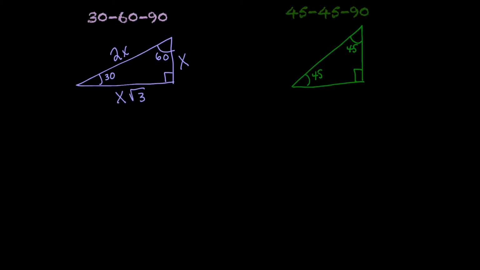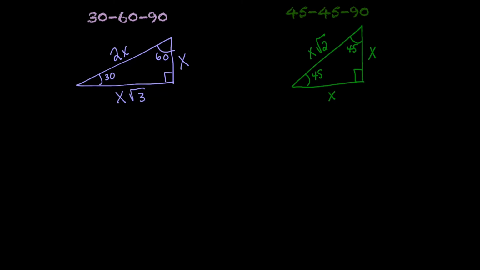And for the 45 triangle, both sides were x, and the hypotenuse was x square root of 2. So then we can use these definitions to find what the sine and cosine are of 30, 60, and 45 using these values. Let's look at the 30, 60, 90 first.